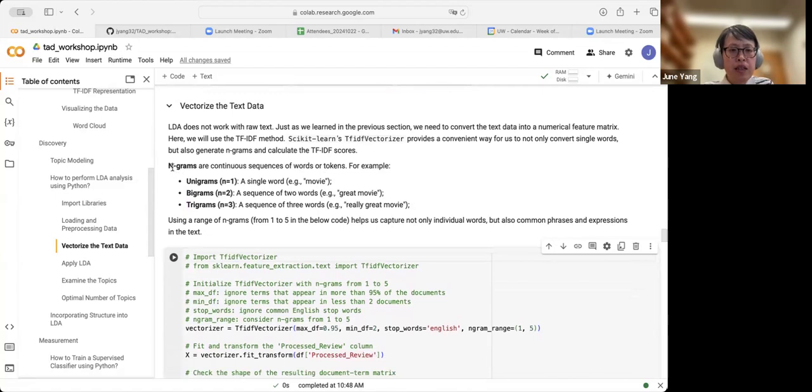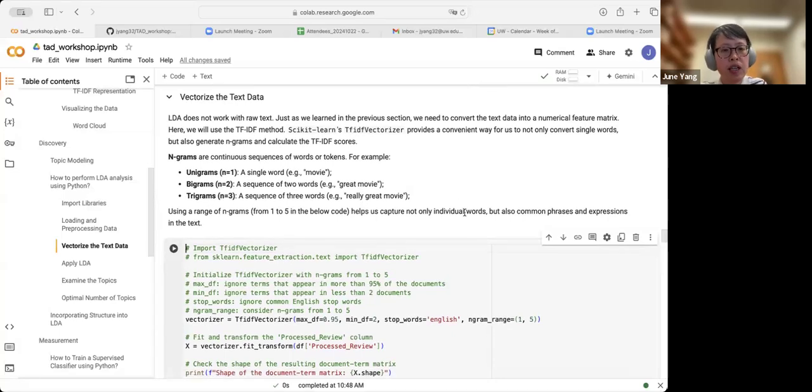But an additional update, which is a little different from our first section, is that instead of separating our text data into single words, what we're trying to do here is tokenize our corpus into n-grams.